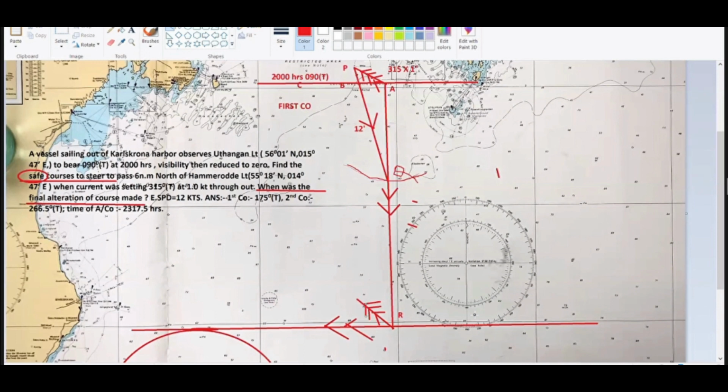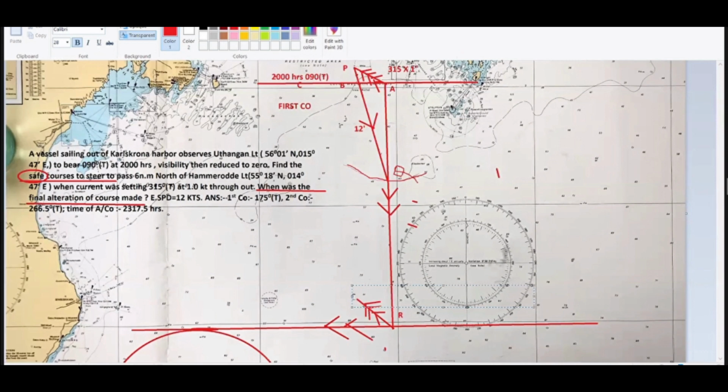And the second course made good is the transferred PL that you have done. That is your 270 degrees, because the first PL was 90. So the second CMG will be 270.